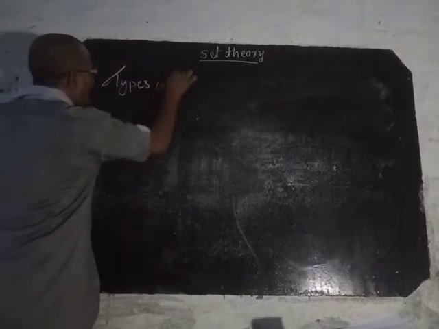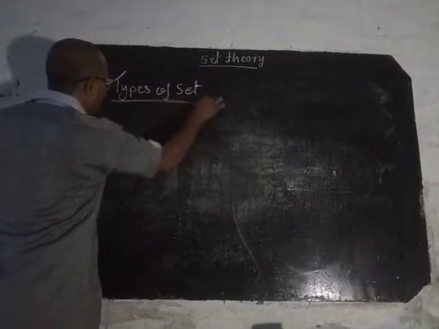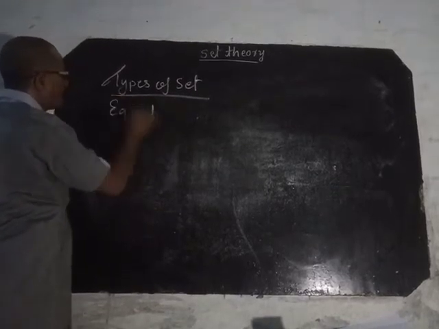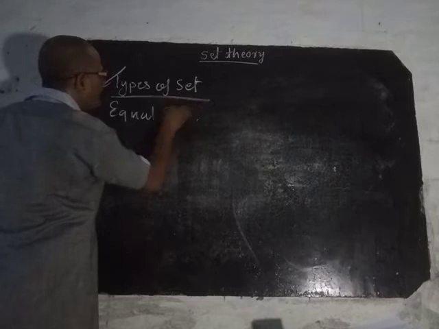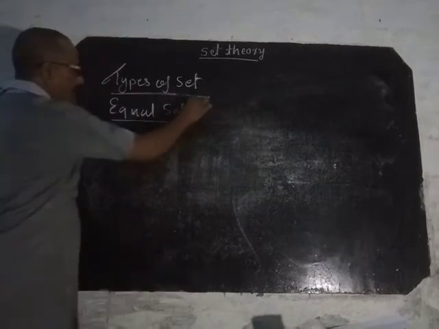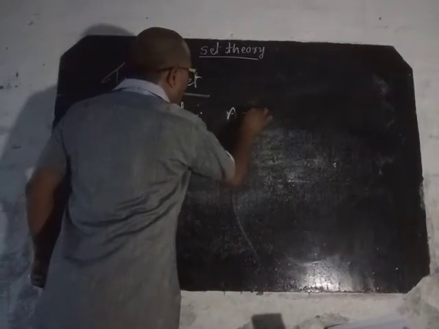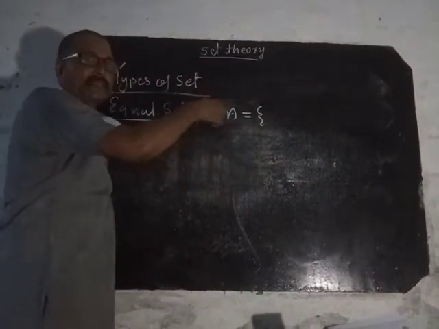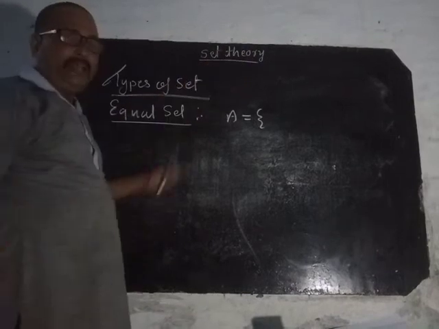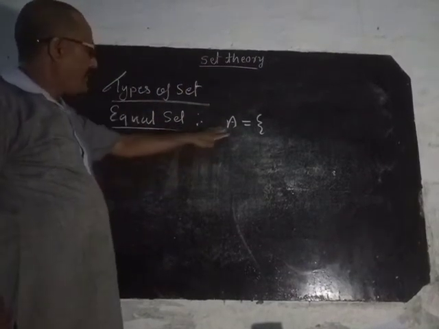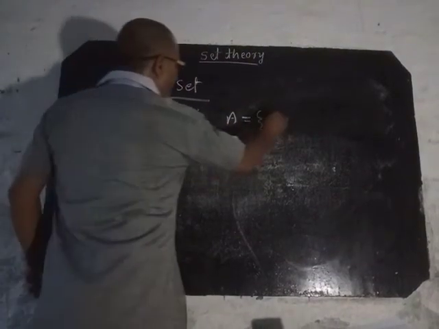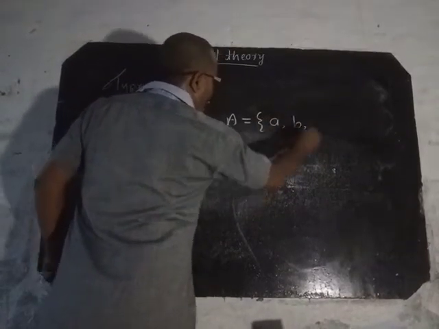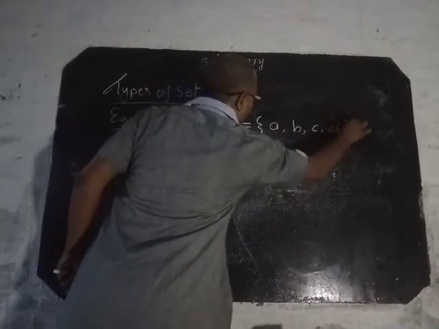Types of set. First one, equal set. If we have two sets, a set is represented by a capital letter A, B, C, X, Y, Z and so on. The elements of a set are written in small letters in curly brackets: a, b, c, d.